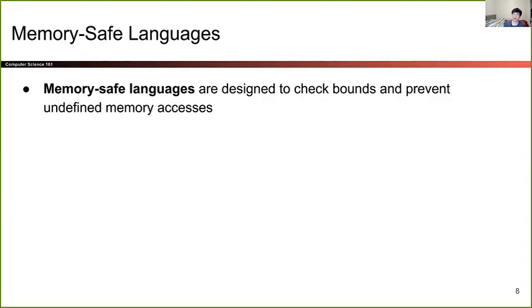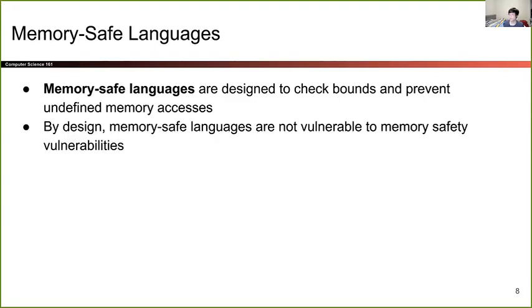Memory safe languages are languages that are designed to check the bounds on anything that you read or write from memory and prevent memory accesses that aren't supposed to happen, prevent undefined memory accesses. By design, these languages are not vulnerable to memory safety vulnerabilities. Sort of the definition of a memory safe language is that it does not allow you to make these errors.